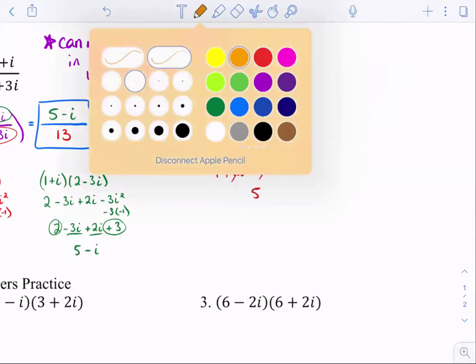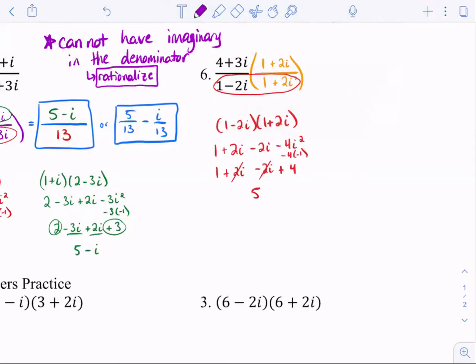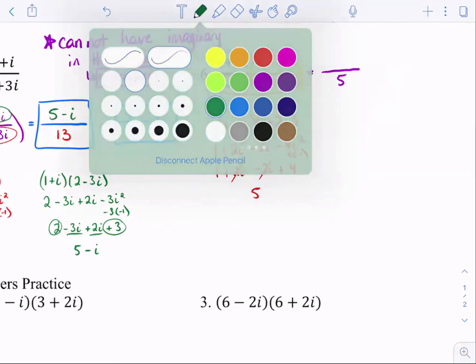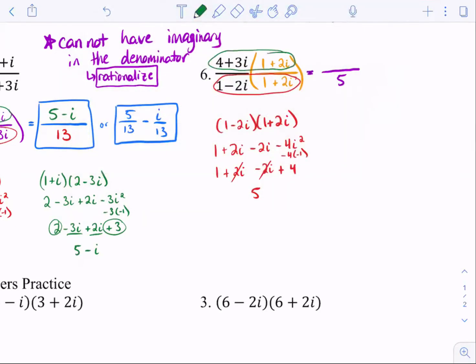So my new denominator, I know I'm moving pretty quick, but I'm sure you can try and slow it down for yourself. So my new denominator is 5. And then my numerator, let me do this work here. 4 plus 3i times 1 plus 2i. 4 times 1 is 4. Then 4 times 2i is 8i. 3i times 1 is 3i.